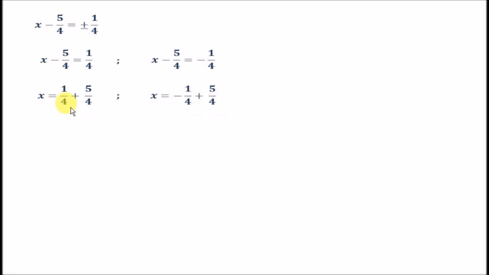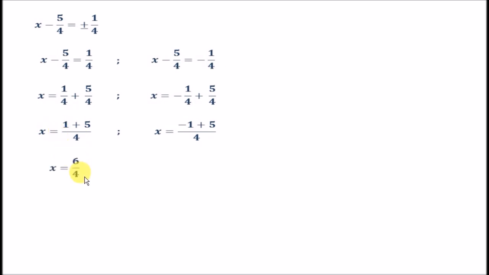The common denominator in both the cases is 4, so we will have our LCM as 4. So x equals to (1 plus 5) by 4 and x equals to (minus 1 plus 5) by 4.